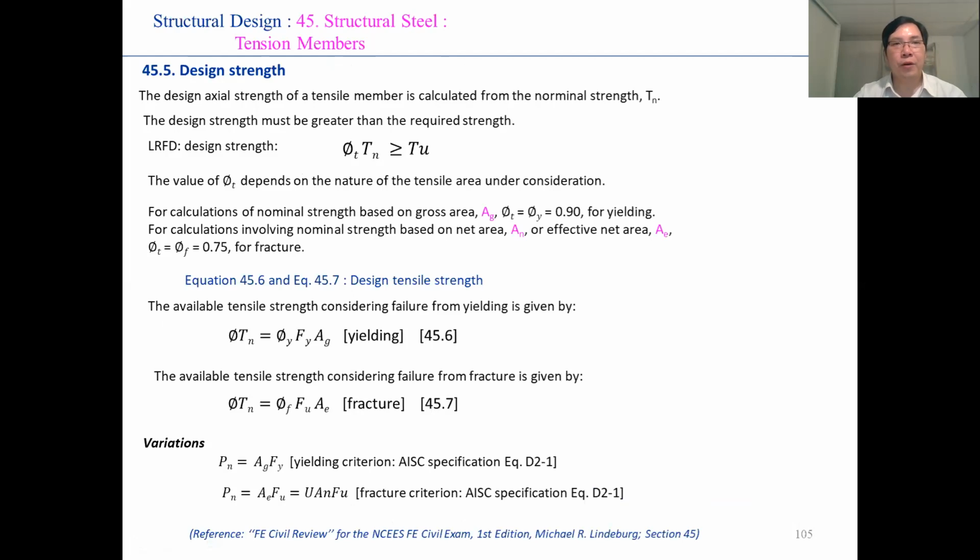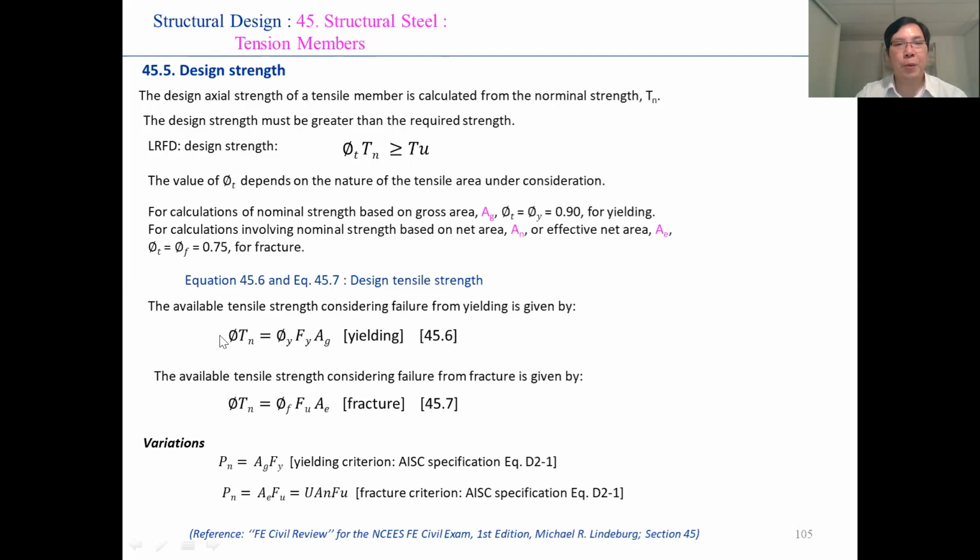For the design strength, I show you in this slide the LRFD requirement: phi sub T Tn is greater than or equal to Tu, with the value of phi T depending on the nature of the tensile area under consideration.